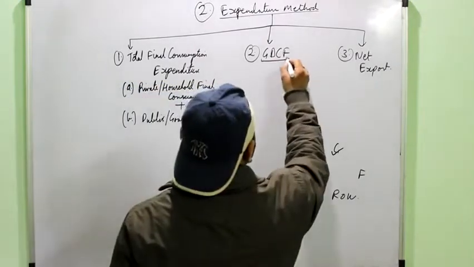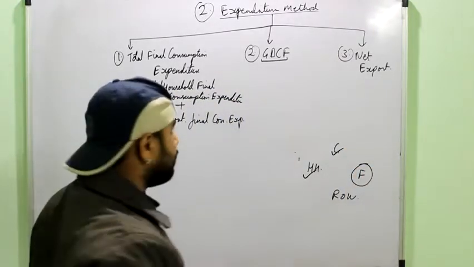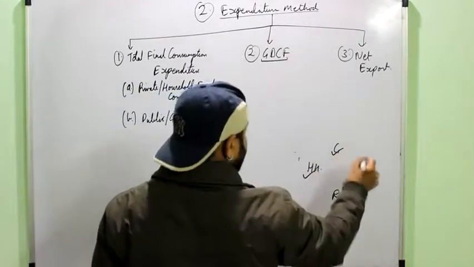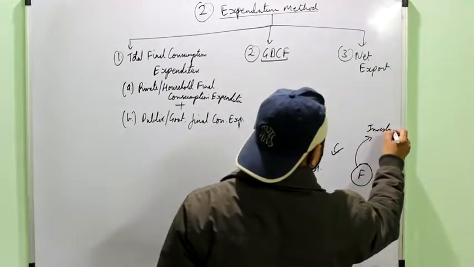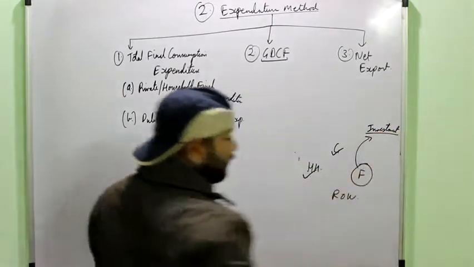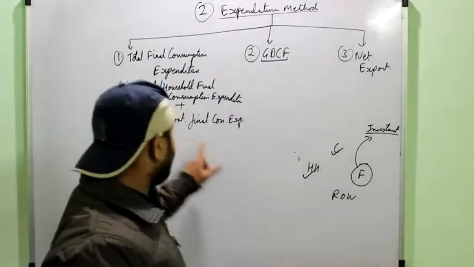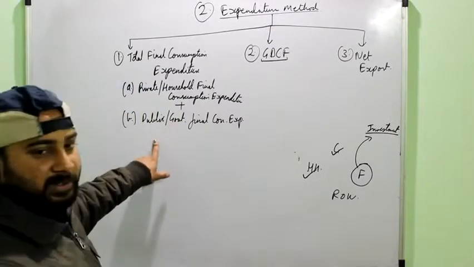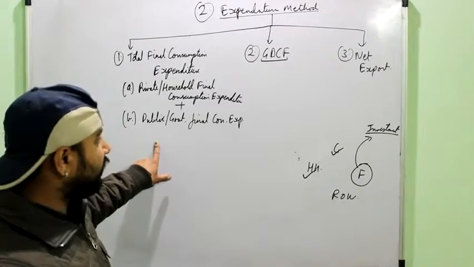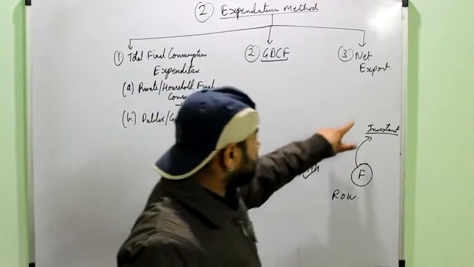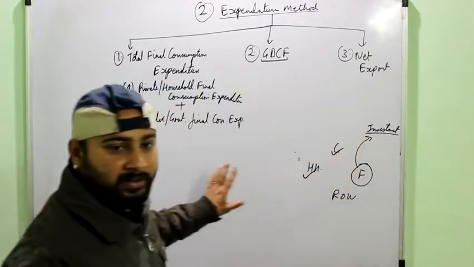Second, GDCF refers to the expenditure of the firms. Remember, the firm's expenditure is always in the form of investment. There is a difference between final consumption expenditure and investment expenditure. Final consumption expenditure is done with the purpose of satisfying a particular want or fulfilling your need, while investment expenditure is done with the motive of earning profit in the future.